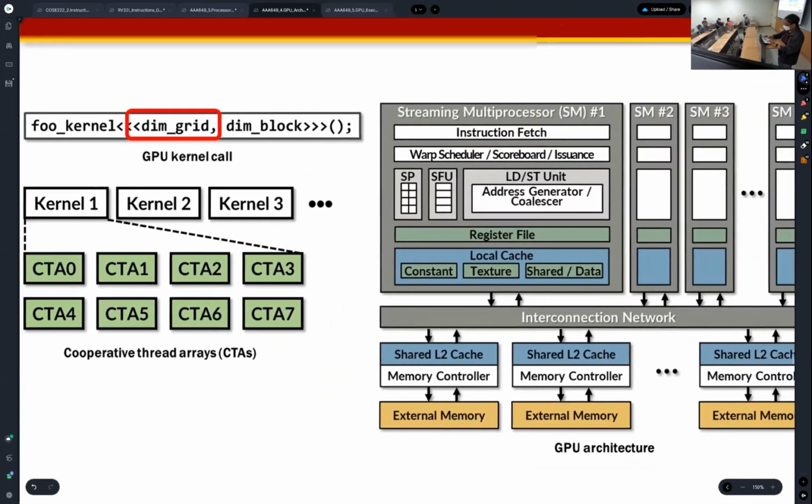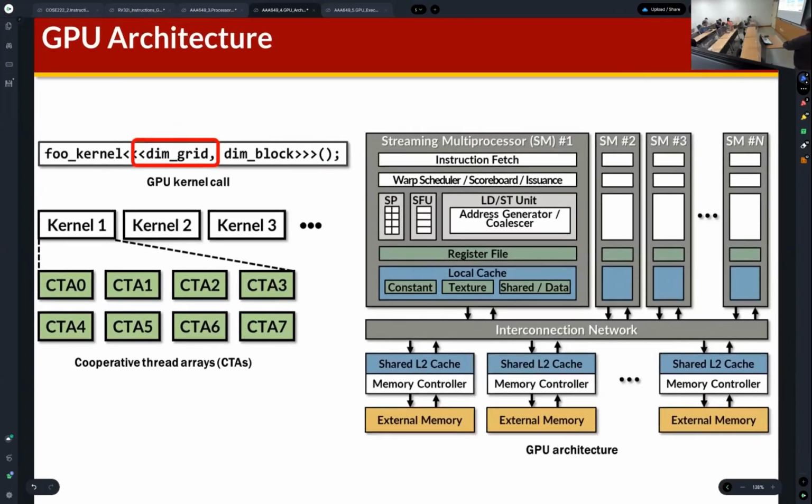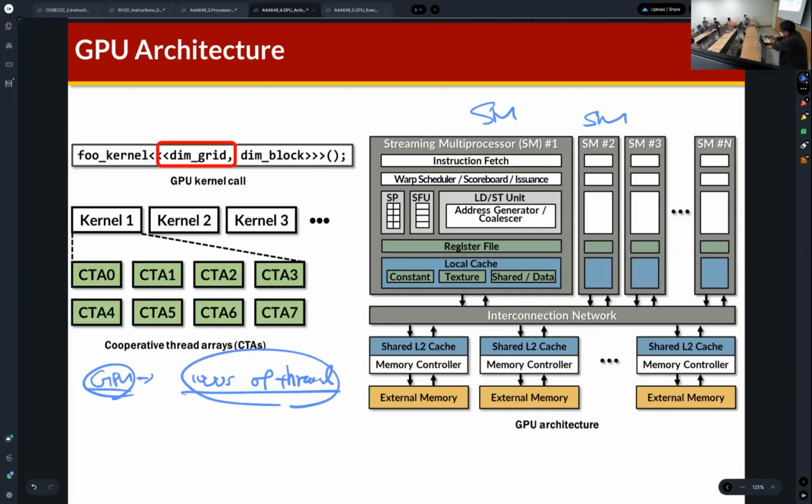And then let's see how the GPU executes GPU code. Okay. So we've learned that GPUs can execute thousands of concurrent threads.